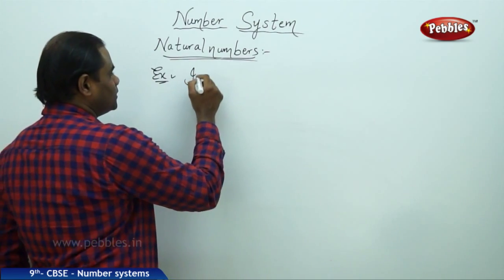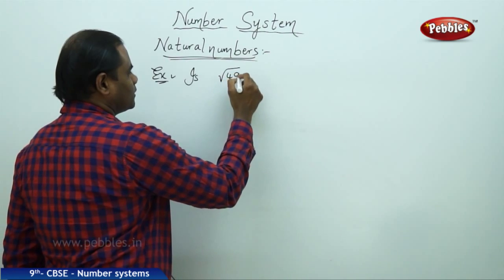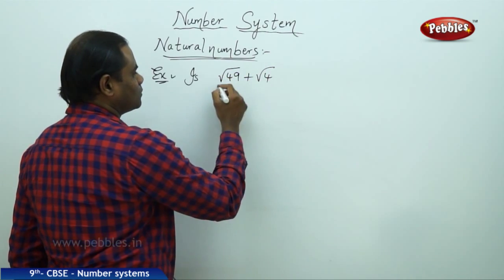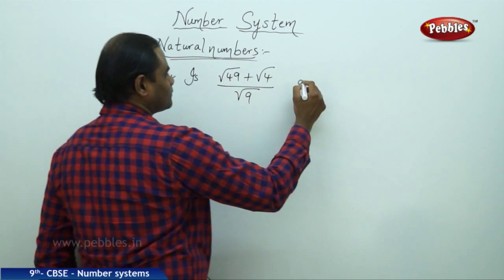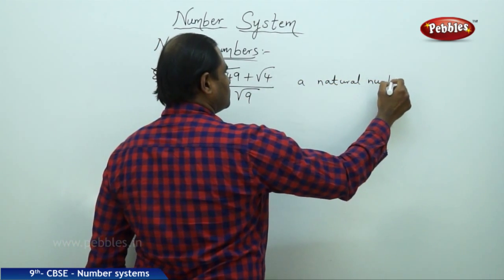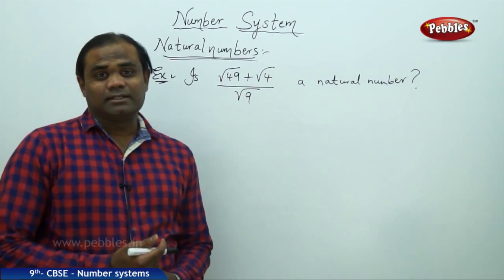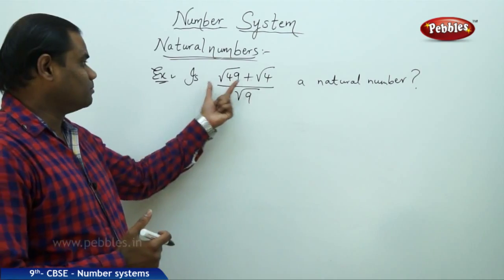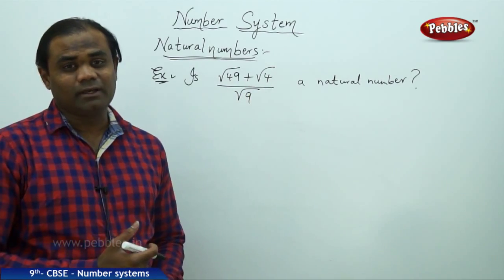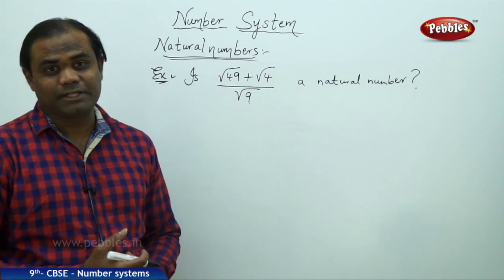Now the question here is: is root 49 plus root 4 by root 9 a natural number? So here we see that there is more part to be simplified before we justify on this given number being a natural number or not a natural number.